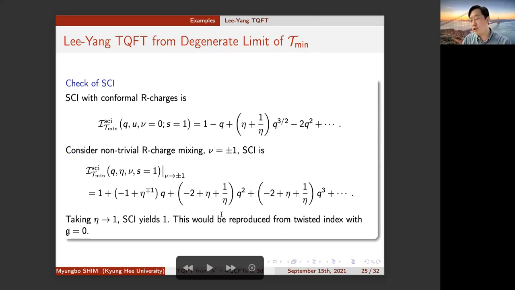Taking the trivial eta, all the coefficients vanish, and we obtain a trivial superconformal index. We can also reproduce this fact from the twisted index, taking genus equal to 0.